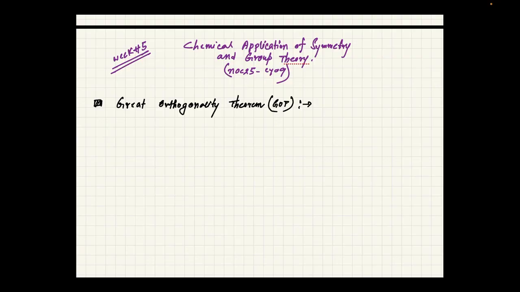The basic procedure is that first you consider a molecule, and you have to decide the point group of that particular molecule. So what is the point group the molecule belongs to?